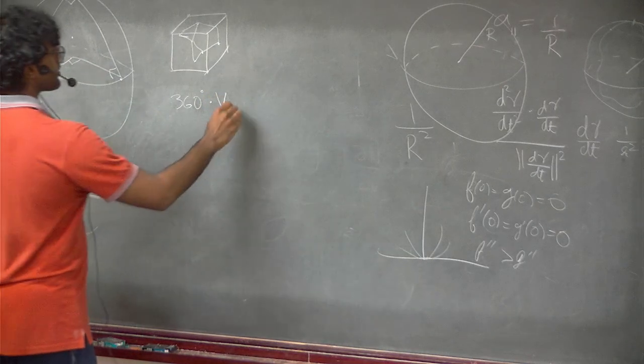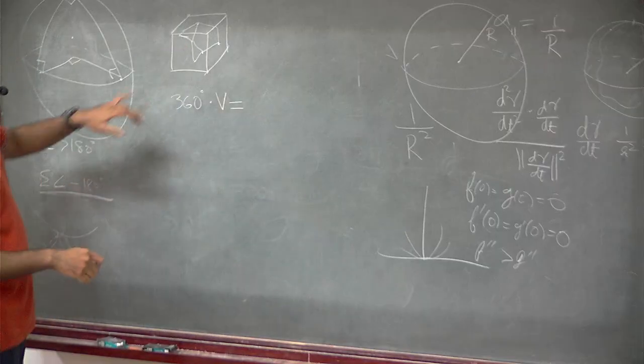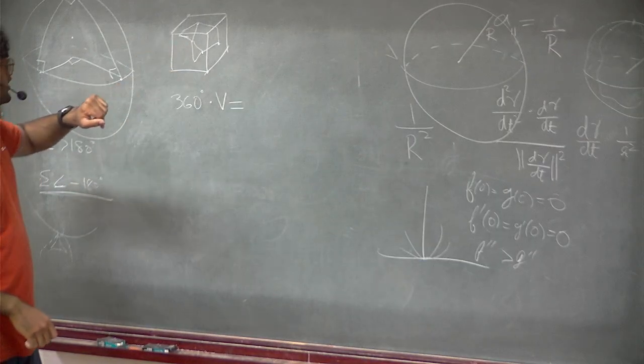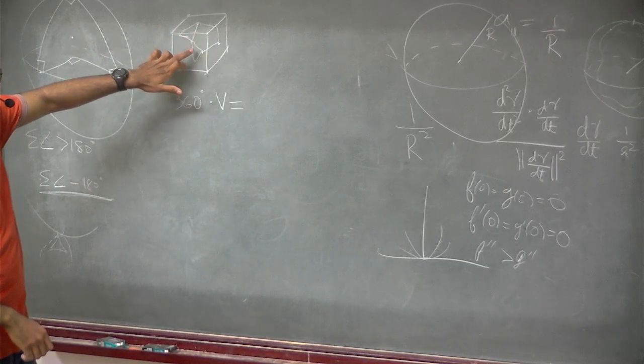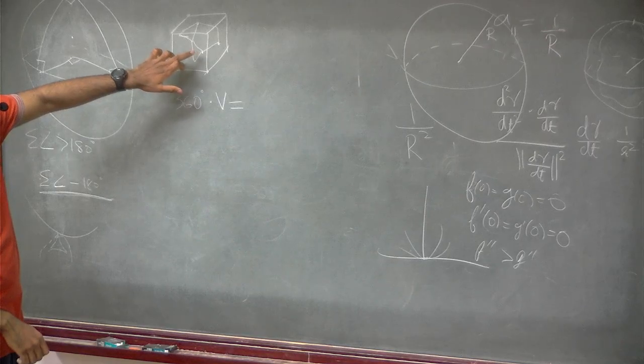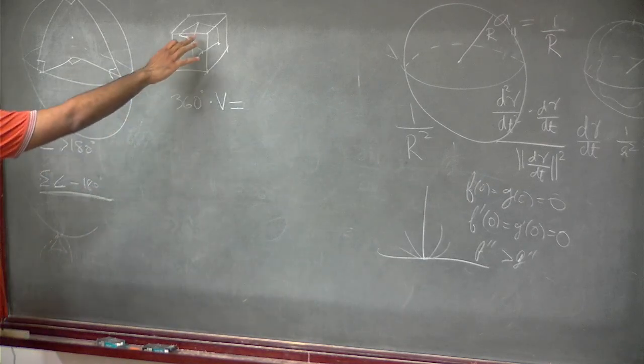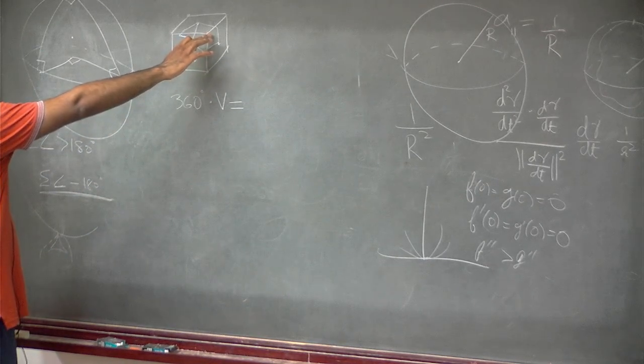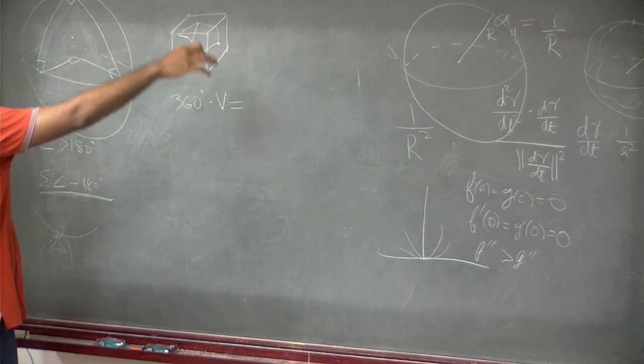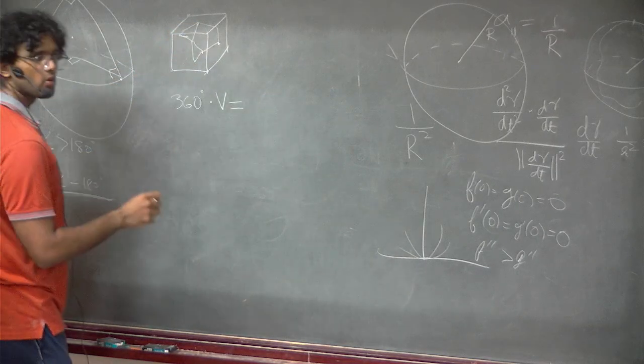And the other way of counting all of these angles is that each triangle has 3 of these angles. The triangles that don't contain a vertex of the polyhedron in the interior will just contribute 180 degrees.